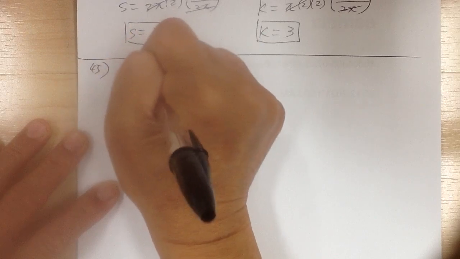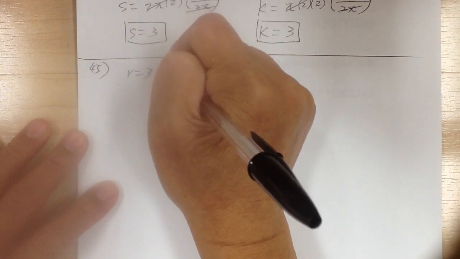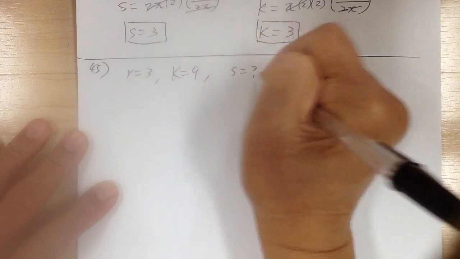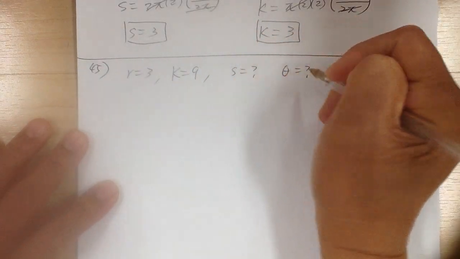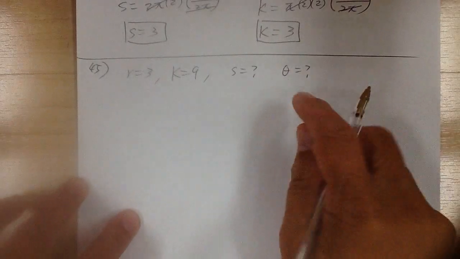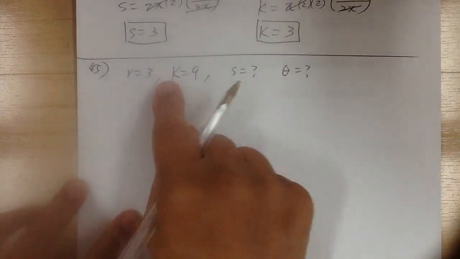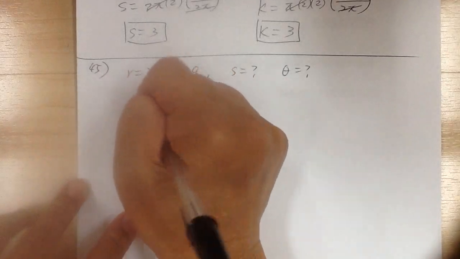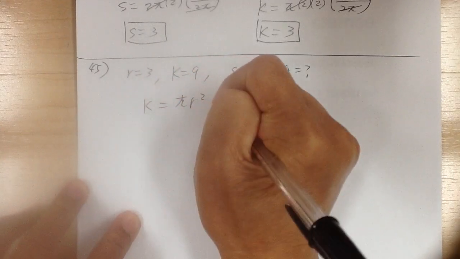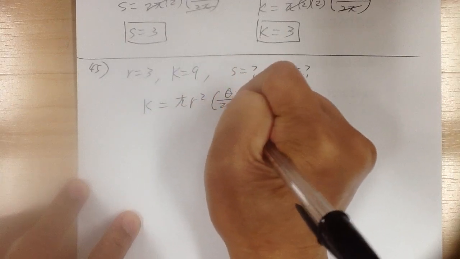So you got r equal to 3, A or K equal to 9, s equal to question mark, and theta equal to question mark. First let's figure out theta. Since K is given, let's use the K formula. K equal to pi r squared times theta over 2 pi.